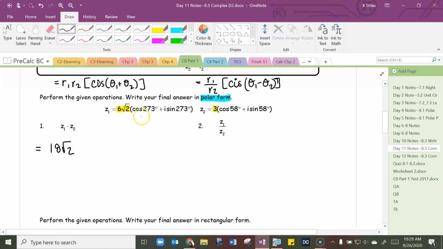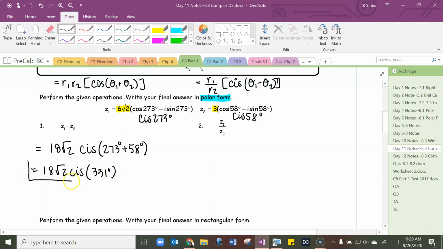And then, again, this is cis 273 and cis 58, and we are adding the angles. So cis 273 plus 58, and when you add those together, you will get 331. And that is your answer.